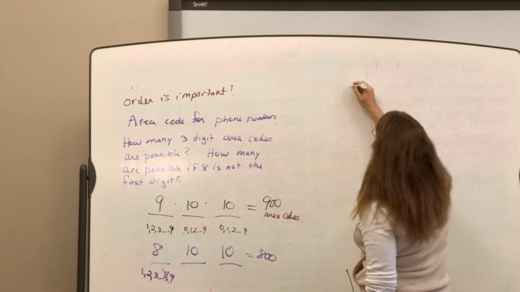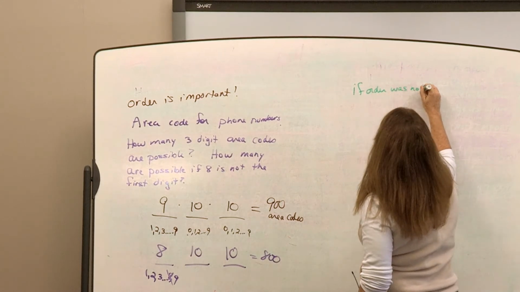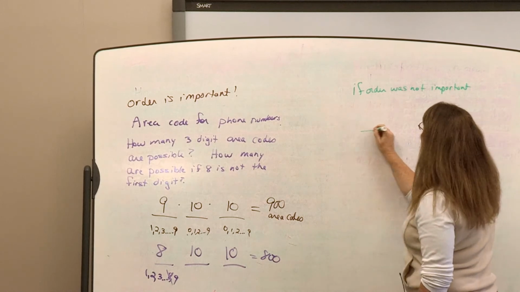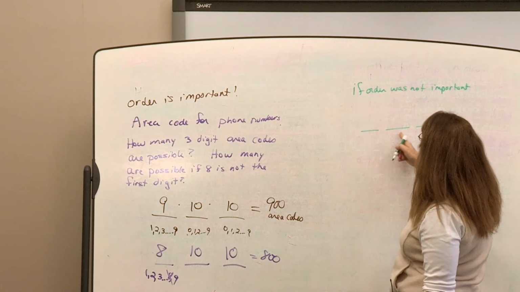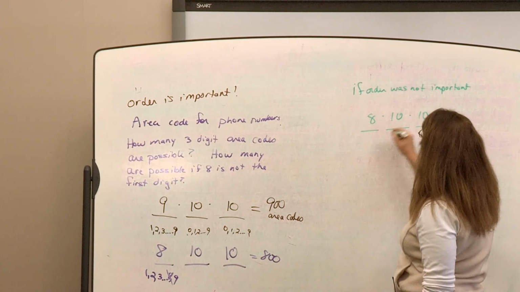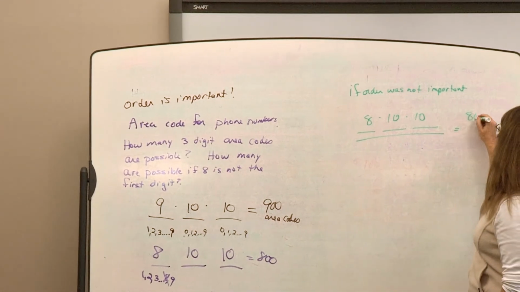So if order was not important, whatever you had for your 3 blanks, whether it was the 9, 10, 10 or the 8, 10, 10, it doesn't matter, whichever one we're talking about, I would also have to divide it by what?